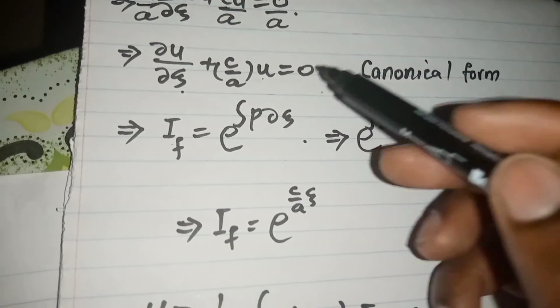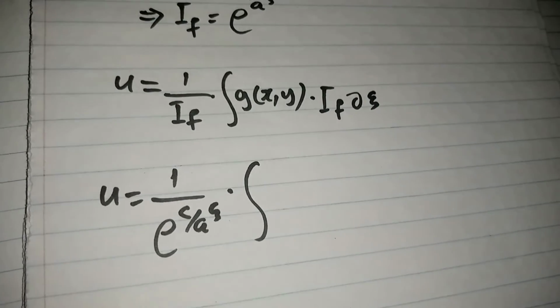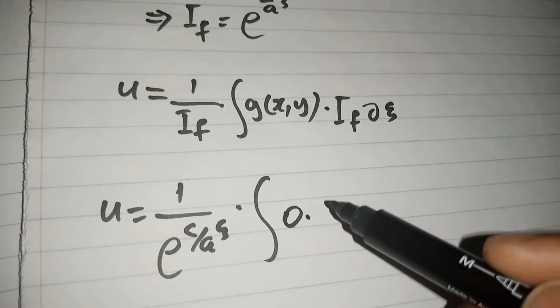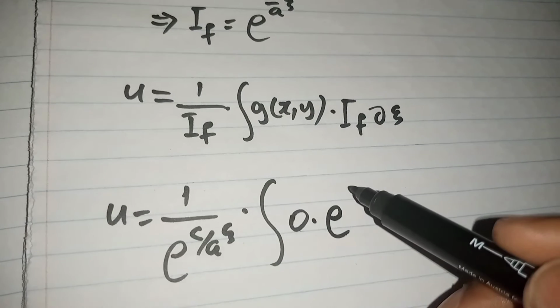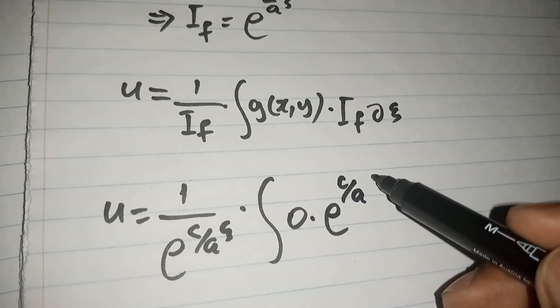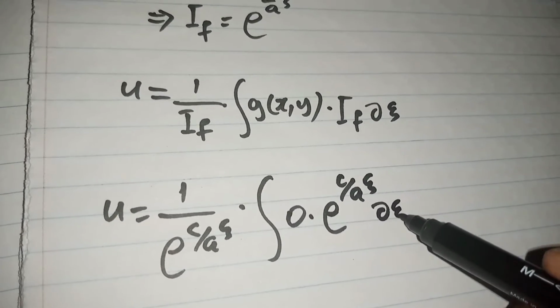Therefore, we have 0 multiplied by the integrating factor, exponential c over a xi, with respect to xi.